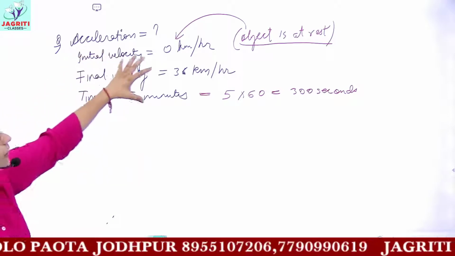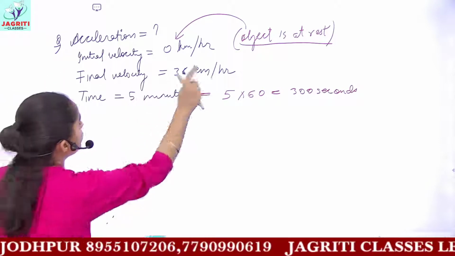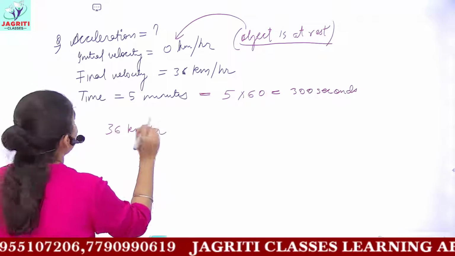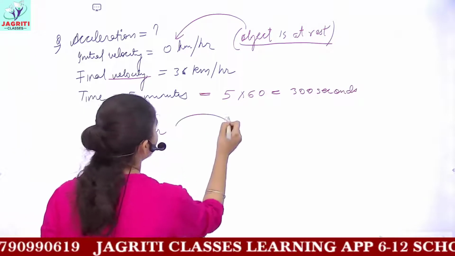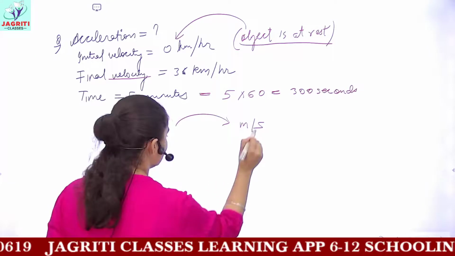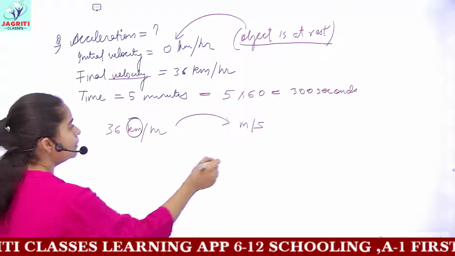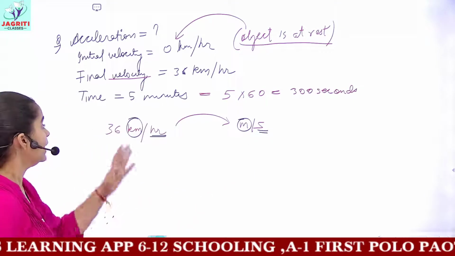Then you are given final velocity is 36 km per hour. Now I want to convert this 36 km per hour into SI unit. And what is the SI unit of velocity we just discussed? Very good. This is meter per second. So I need to do two conversions, that is I need to convert kilometers into meters and hours into seconds. How to do that?